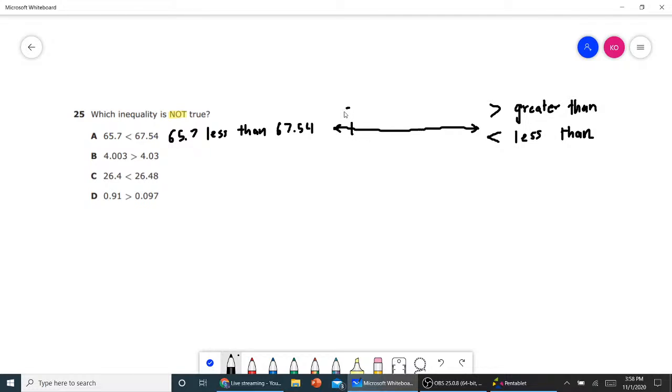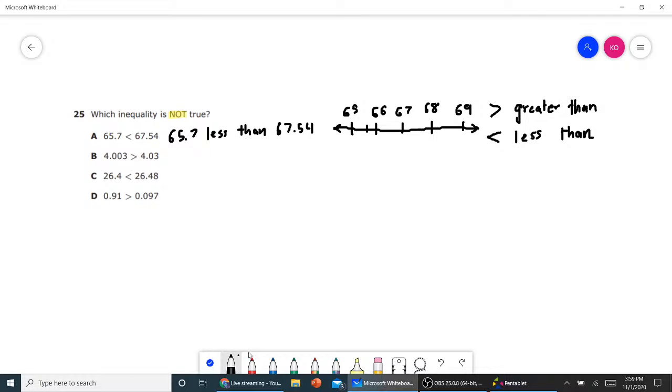We have 65 right here, 66 right here, 67 right here, 68 right here, and 69 right here. So 65.7, where would we plot that? It's between 65 and 66. So let's just plot that, say, right here.